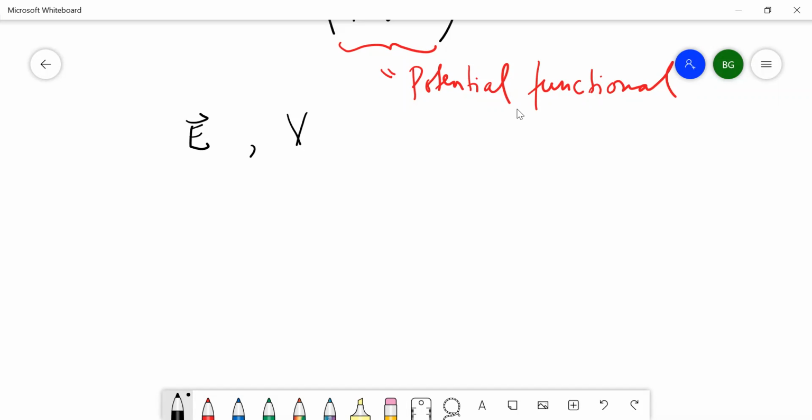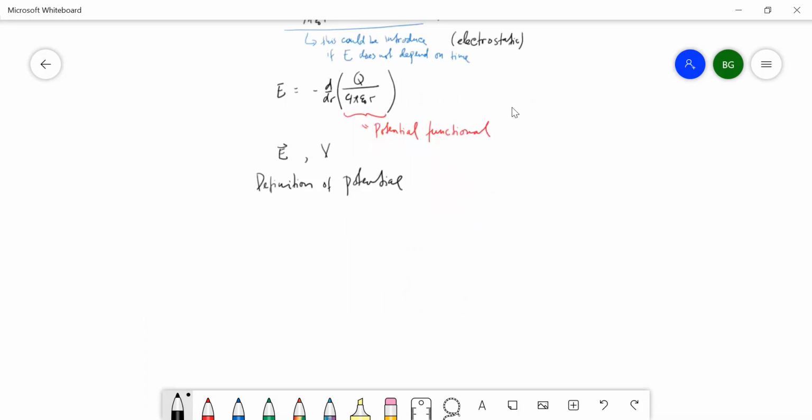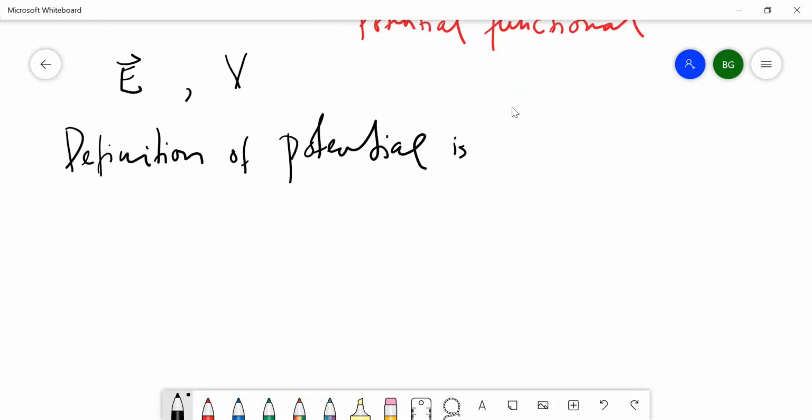The definition of potential is introduced using energy.